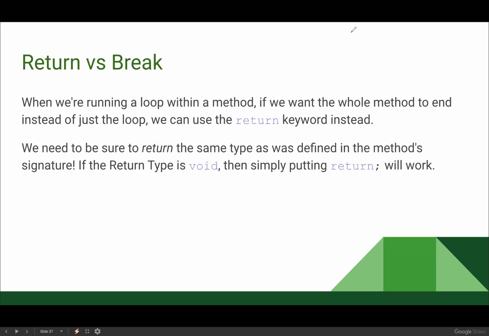It will return the value and nothing else inside that method is going to happen. So just like before, we need to make sure we're returning the same type of value as we put in the method signature. And if the return type of the method is void, we can just put return and then a semicolon. And if there's no value after the return, that's okay, because we wanted to return nothing anyways.